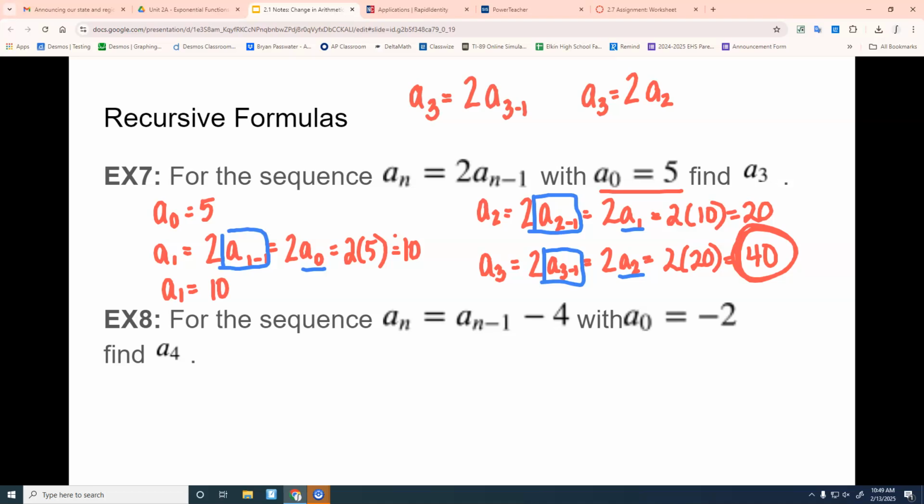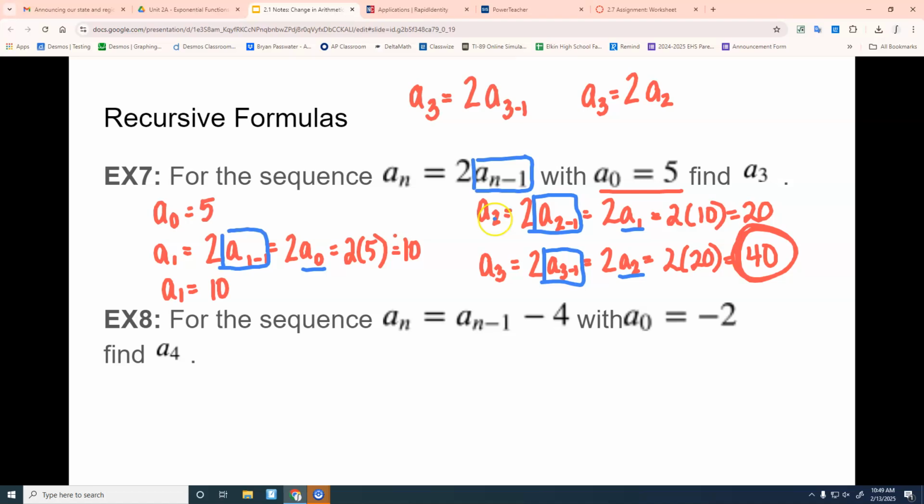When I plugged something in for my a sub n minus 1, what did it give me? Not double. Give me the one before it, right? So when I was looking for a sub 1, it gave me a sub 0.